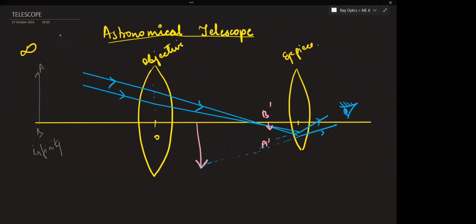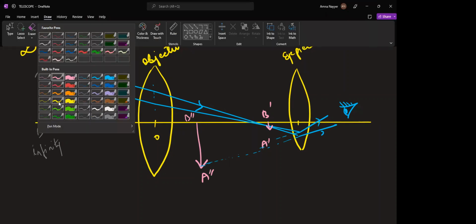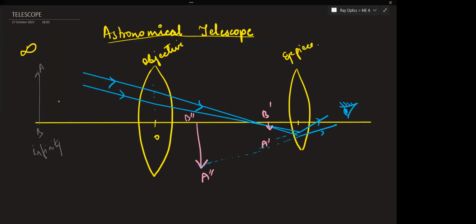And a larger image will be obtained. Let's say A'', B''. Same things will occur that we have already studied. The angle subtended by the object on the ray falling into the human eye.